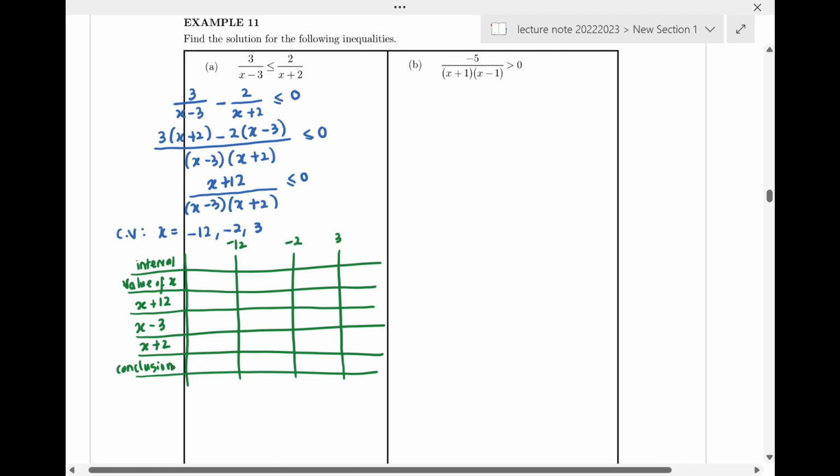For the interval, of course, we have here from negative infinity up till negative 12. Sorry, this is a closed one because we have there less than or equal to. So negative infinity up till negative 12, closed.